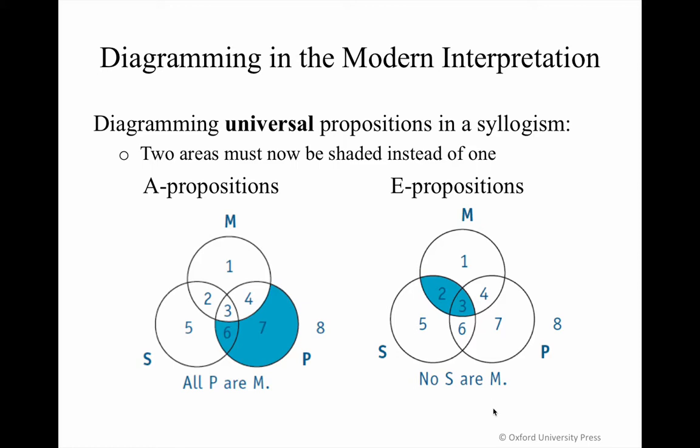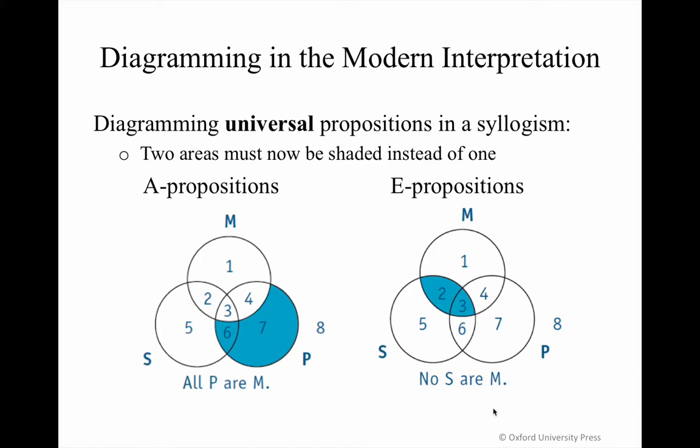You might say, but wait a second, S is involved in that. You're shading S, but you're not supposed to. The sentence says all P are M. But remember, if you're diagramming the sentence all P are M, you're diagramming the PM relationship as if the S isn't there.